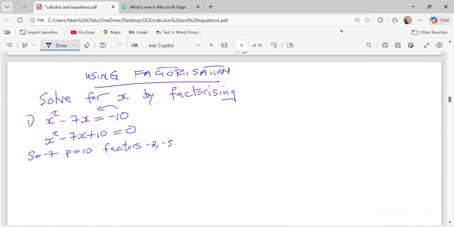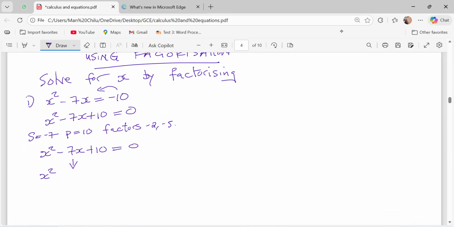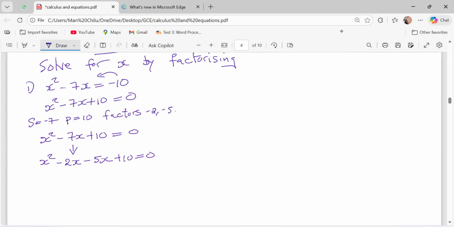So if we say x squared minus 7x plus 10 equal to 0, we say x squared minus 2x minus 5x plus 10 equal to 0. So negative 2 times negative 5, you get positive 10. And negative 2 minus 5, you get negative 7.